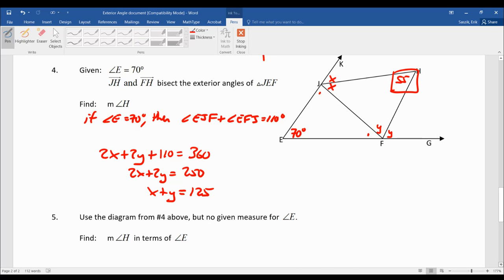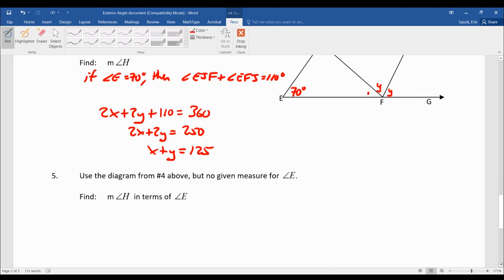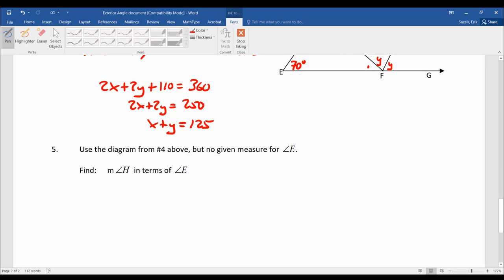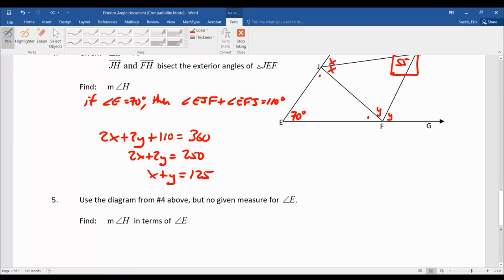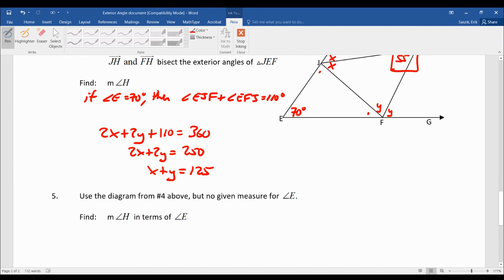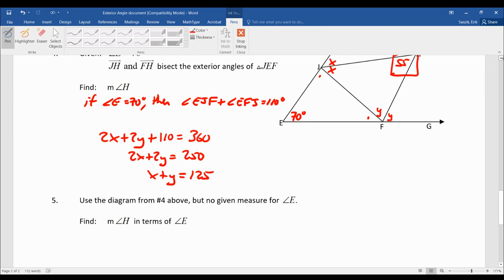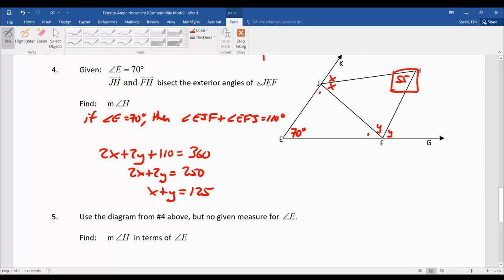So your homework, or your assignment, is to try to do these last two problems, okay? Number 5 is to do the same exact thing as we did up top in number 4. But it says you're going to find angle H in terms of angle E. In other words, instead of being given that this is 70 degrees, just call this angle E. And you're going to develop a formula, use this same idea, but instead of saying that's 70, just call it angle E. You're going to get a formula for angle H. Give it a try.